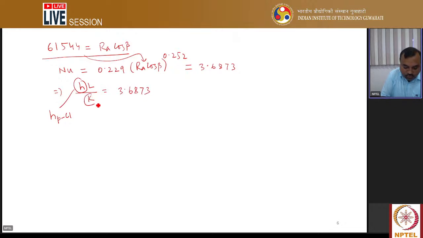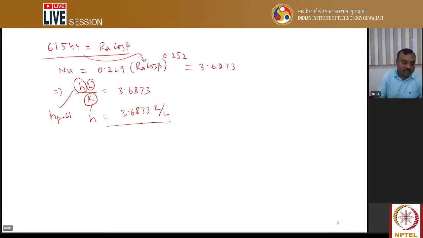We already know the K at the average temperature, and we know the difference between the two plates is L. So H can be calculated. That's how we can calculate H, and then we can calculate other values as well by using the appropriate correlations.